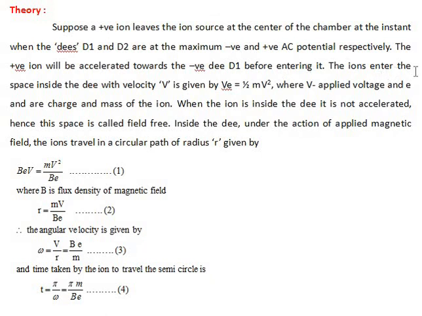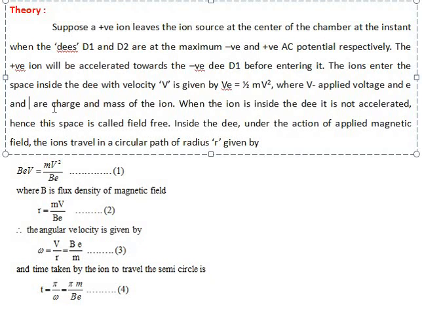The ions enter the space inside the D with a velocity v given by Ve = 1/2 mv², where V is the applied voltage and e and m are the charge and mass of the ion.